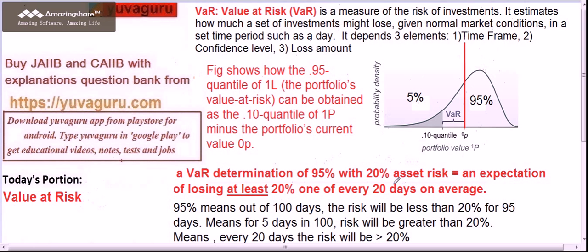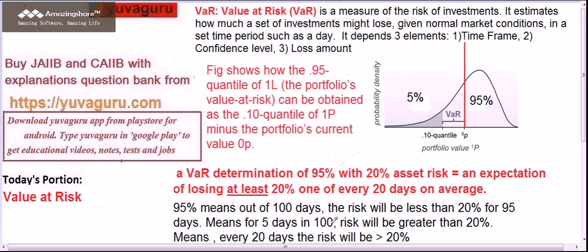Now how come this part? I know you might have got confused by now. Here 95% means out of 100 days, on 95 days my risk won't be greater than 20% of the asset value. But for 5 days out of 100, it means the risk is greater than 20%.